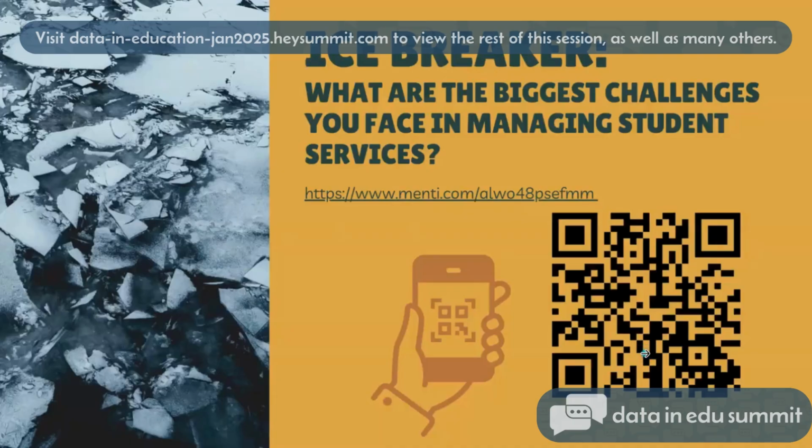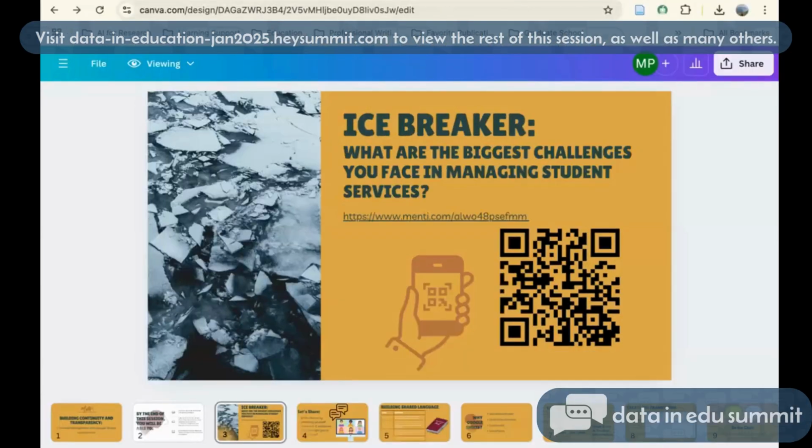So an icebreaker that I have set up is on Menti. You can either use the QR code, or what might be easier is if I just pull it up and you can join that way.